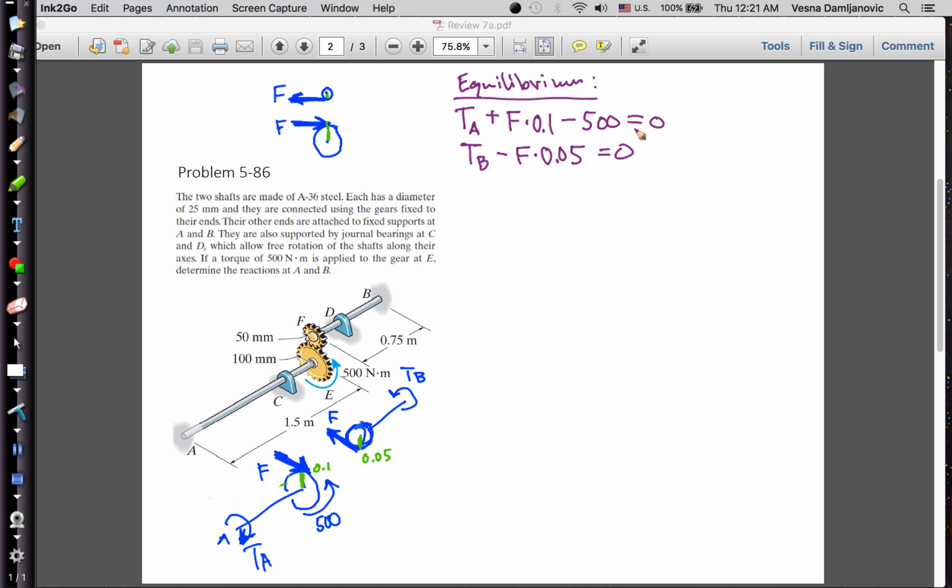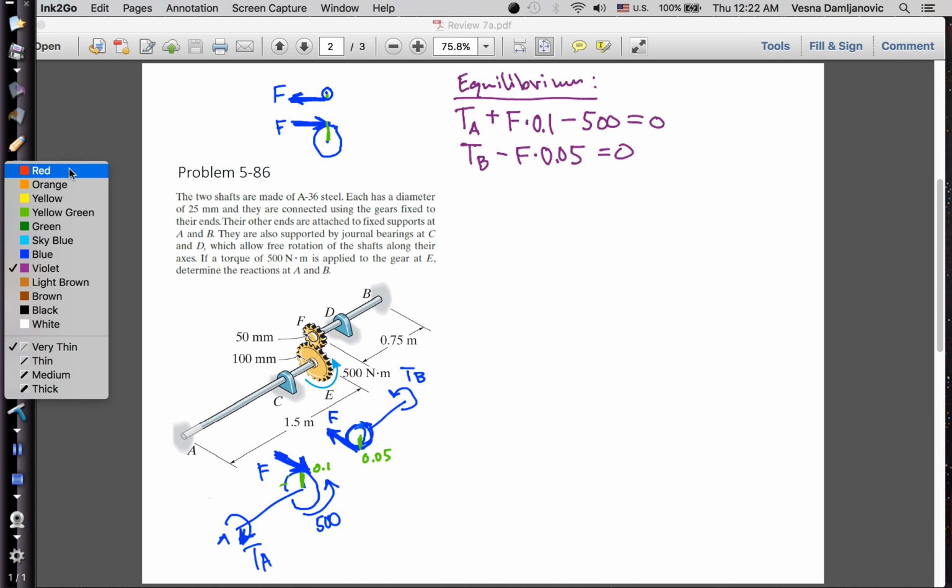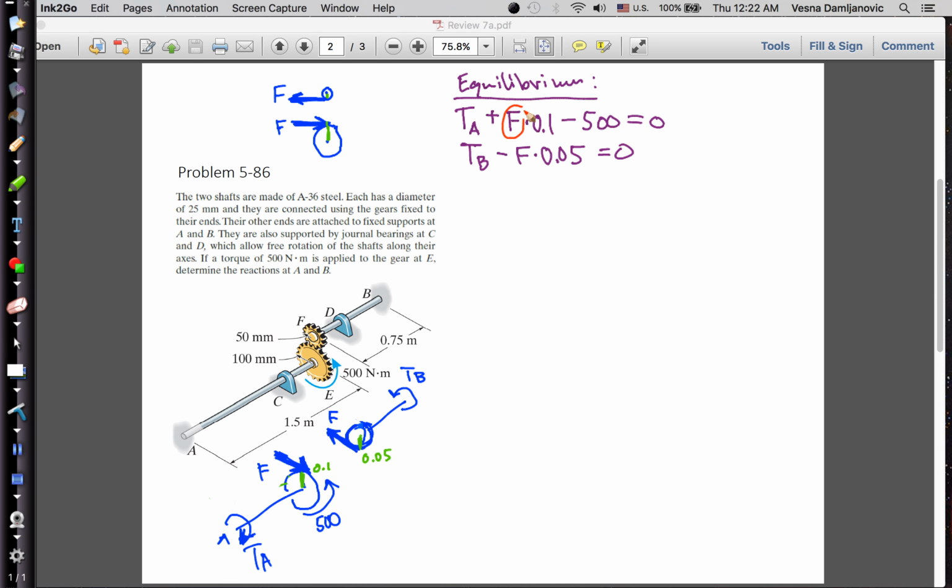And so when you put these two equations together, you substitute F because F is the unknown, right? Calculate F from one or the other, and you get TA plus 2TB is equal to 500. So that's my equilibrium. That's what we could squeeze out of equilibrium.